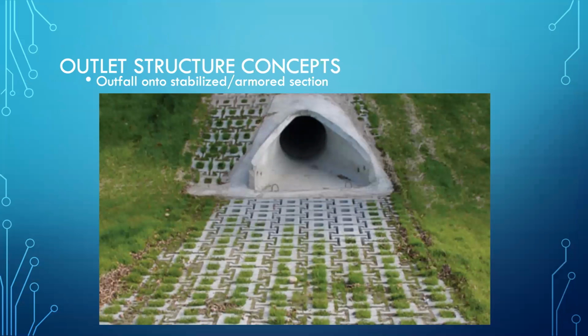Here's a photograph of an armored outfall structure, and based on these interlocking pavers, it looks like they provided for flow coming down the side of this berm, comes down onto this apron, combines with any flow that's already down in here, and makes its way on to wherever it's headed. And the armoring is conferred by these interlocking paving stones.